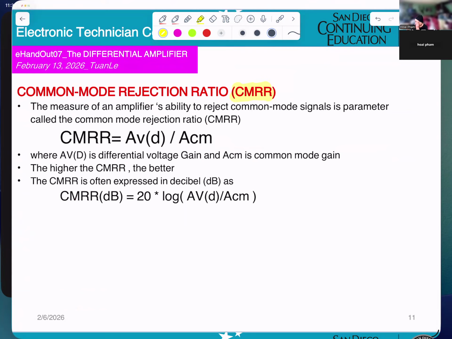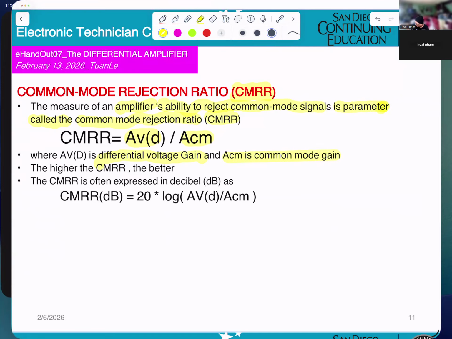CMRR basically equals AVD divided by ACM, where AVD is the differential voltage gain and ACM is the common mode gain.